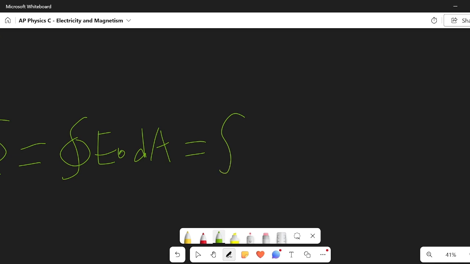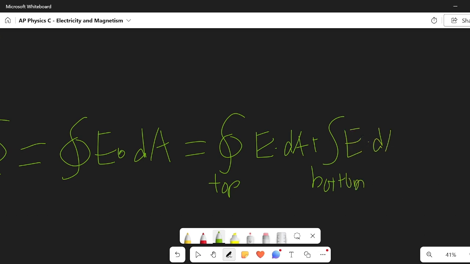We're going to have an integral for the top, an integral for the bottom, and then an integral for the curved edges. Actually, we'll just say other here: everywhere else.